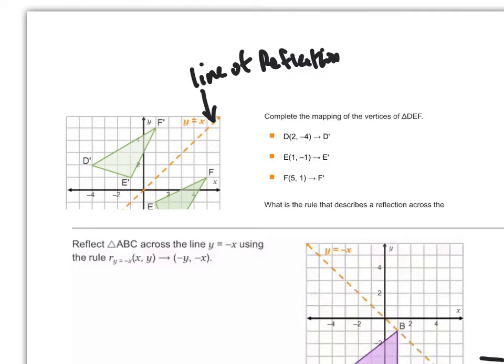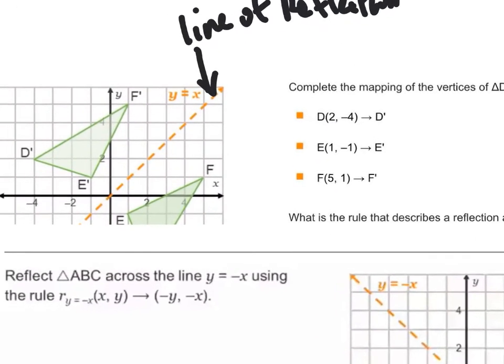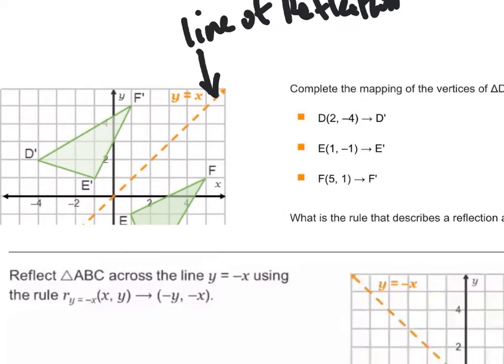And so what I have here is, let's not do point D yet. Let's do point E and E prime. Now the point E is the point 1, -1, okay? And if I were to find its corresponding point over here, this would be the point -1, 1.